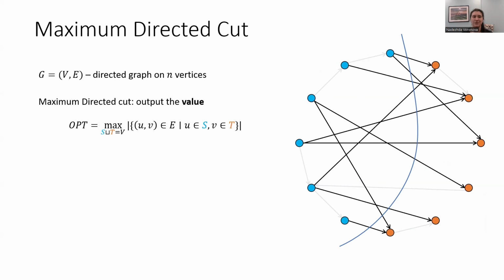Note that in this work, we are only interested in outputting the value of the maximum directed cut and not the cut itself. This problem is NP hard. So for the rest of the talk, we're going to focus on approximating the value of maximum directed cut.